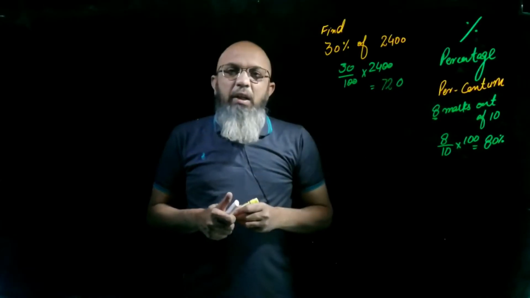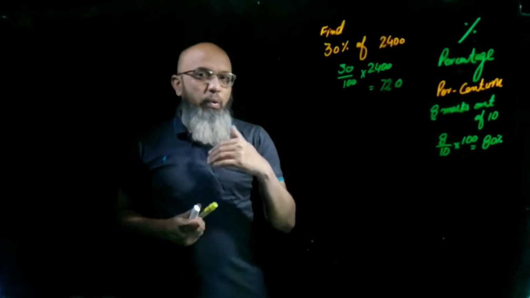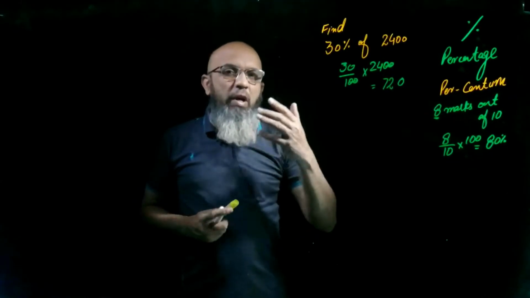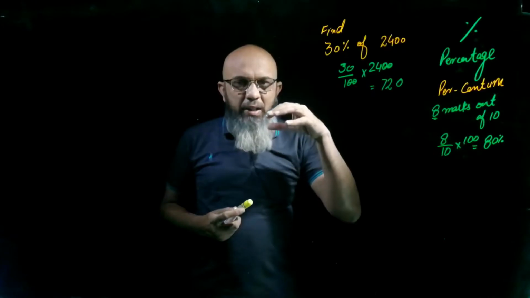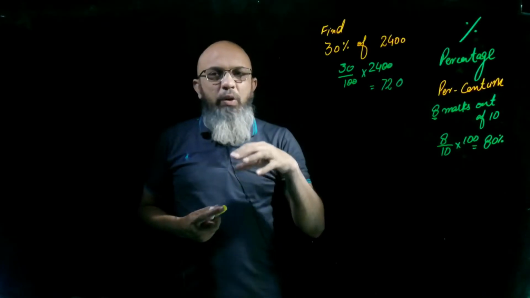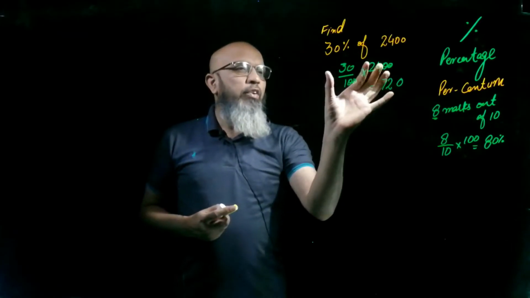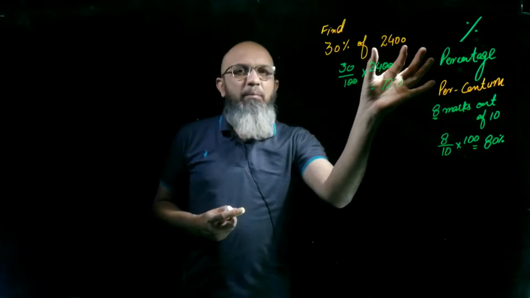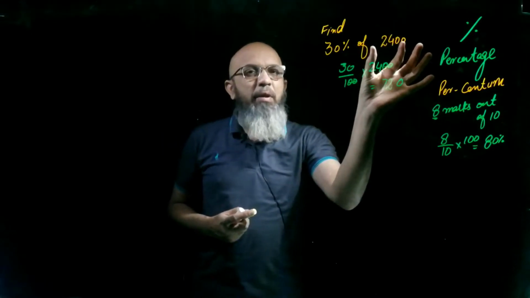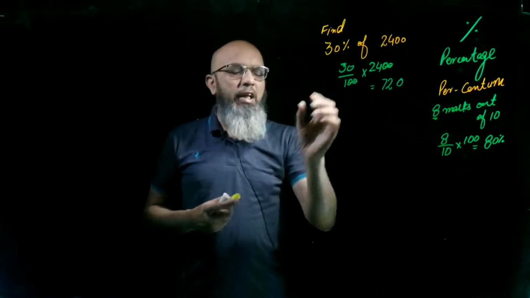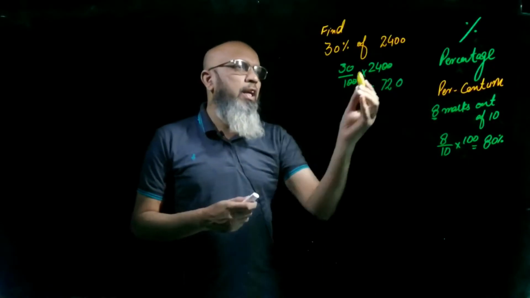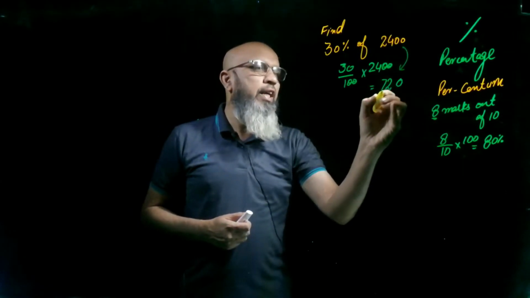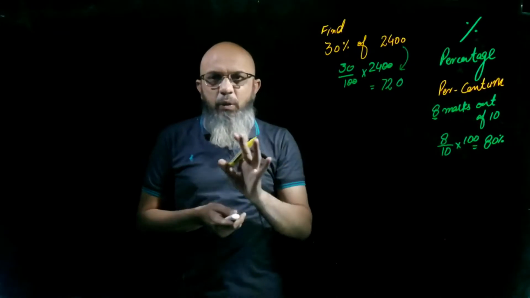Now try to understand what I told you, what you have to do in this chapter in the level 6 book. 30% of 2400 is 720. Now I change my question.